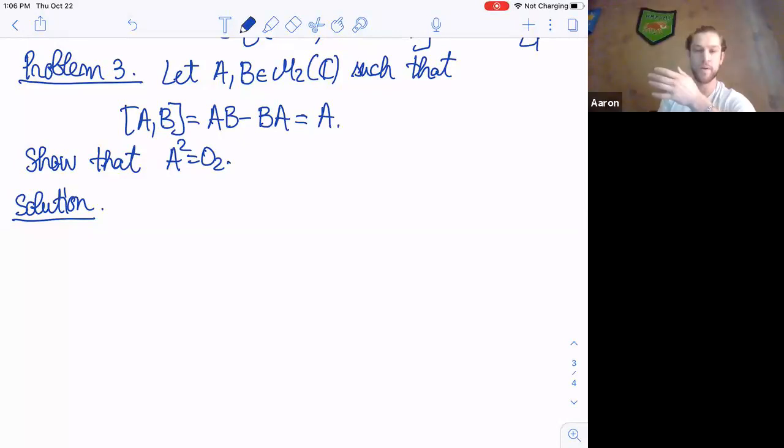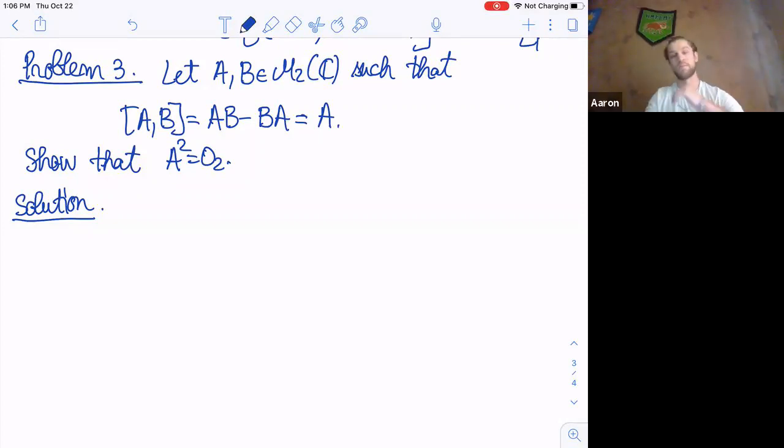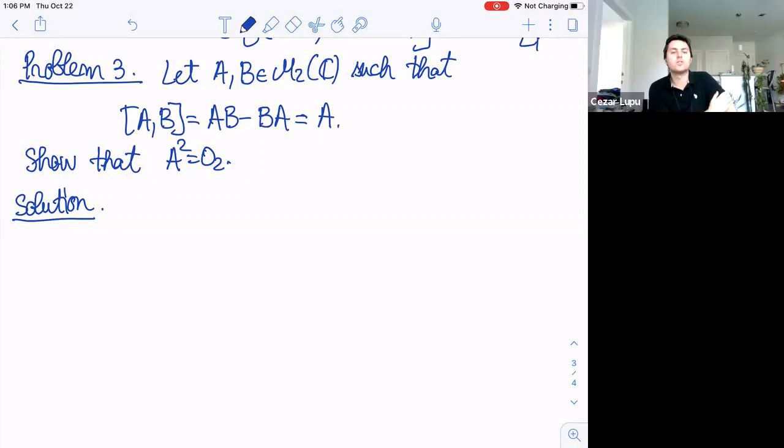Can you apply mathematical operations to it though? Can you square it? Yes, absolutely. You can iterate it. You can multiply by A. Anyway, there exists the so-called Leibniz rule for these commutators, and there is also the so-called Jacobi identity. It is very important for Lie algebras.